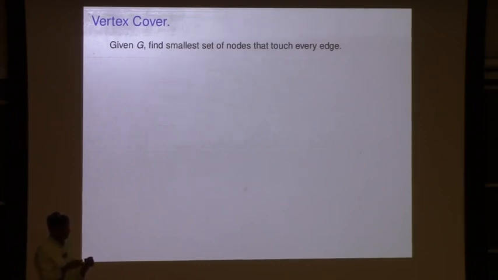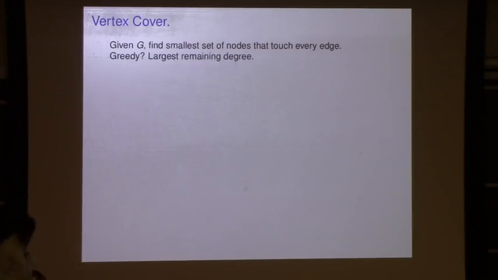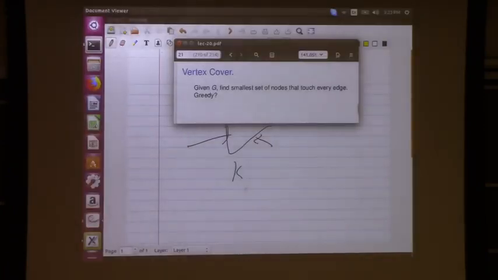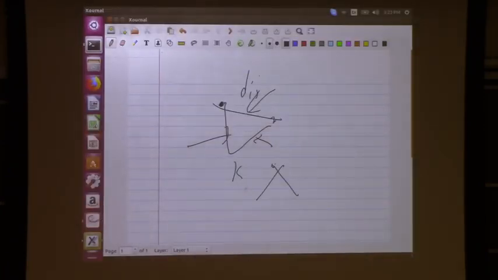Does that make sense? Let's just draw it. There's a good vertex cover, which is you take the center node, that's of size 1. Or you could take all the nodes on the outside, that's of size 5. You're trying to find the minimum, so which one's better? The one in the center, right?